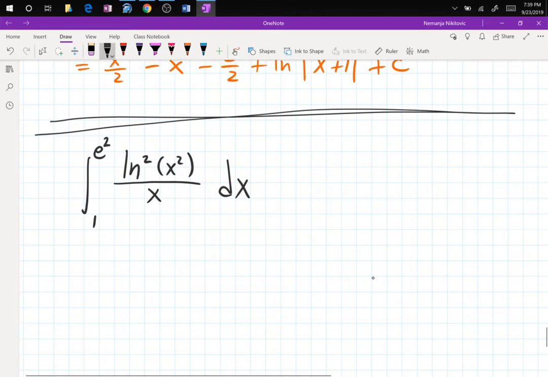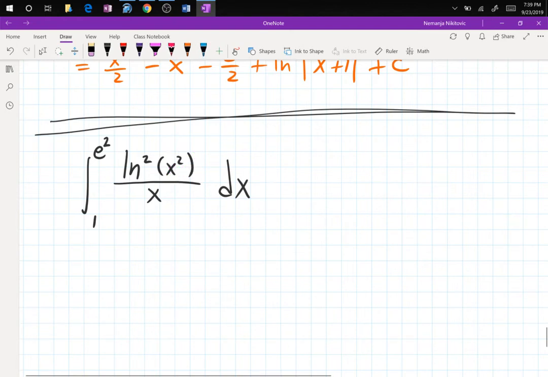Well, let's take a look at this. This square over here tells us that ln of x squared should be u for the substitution. And then this square in here is there to freak you out and confuse you. They serve completely different purposes.